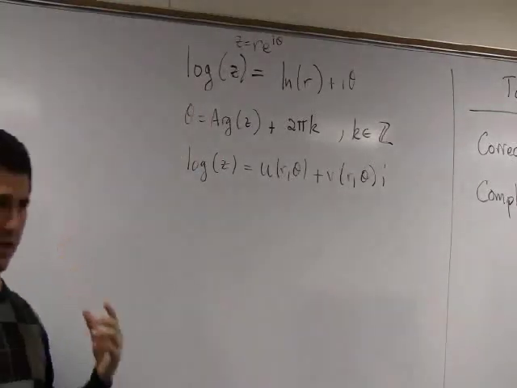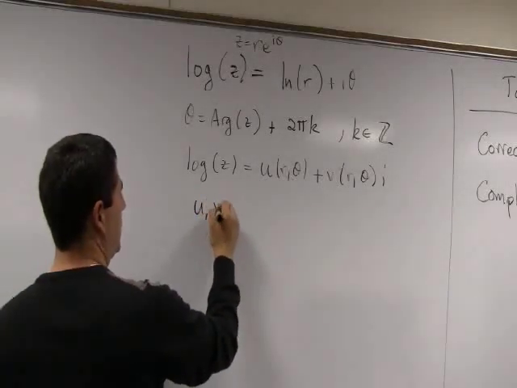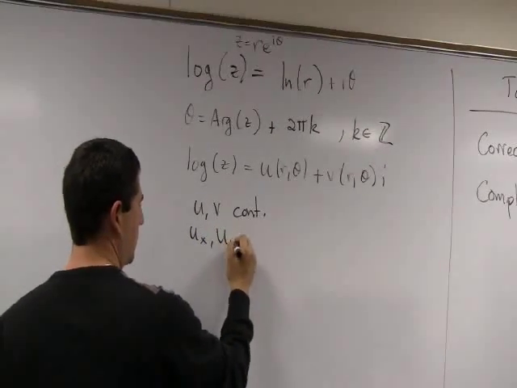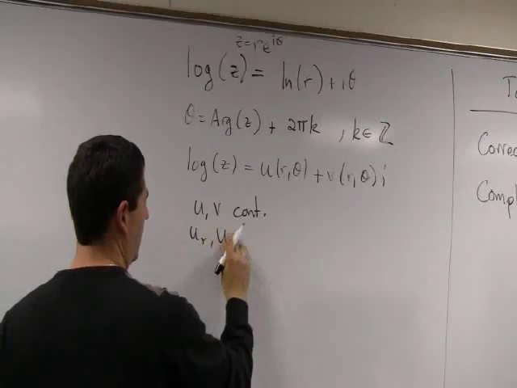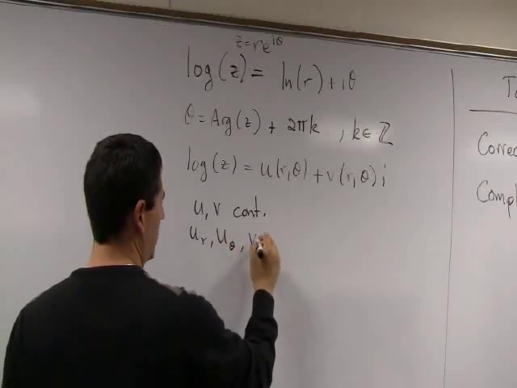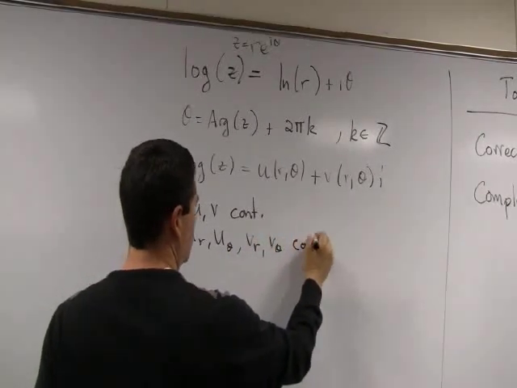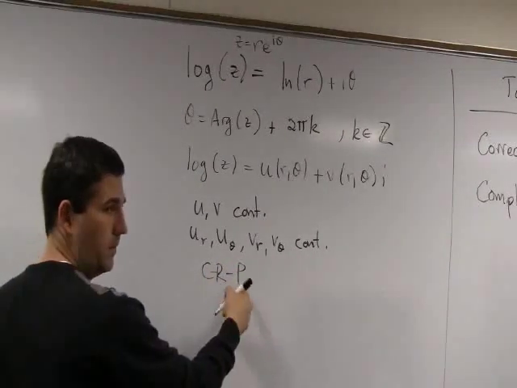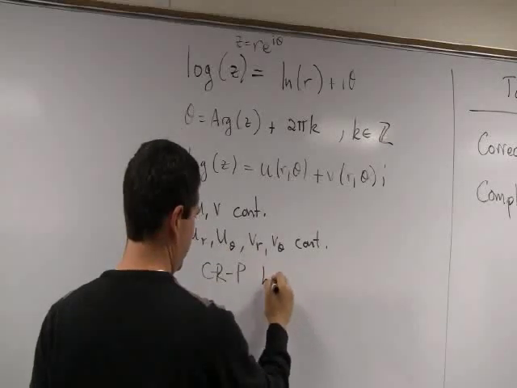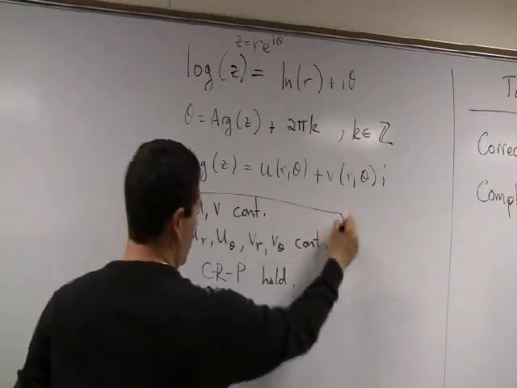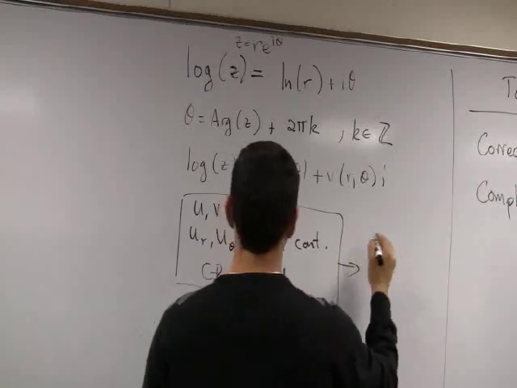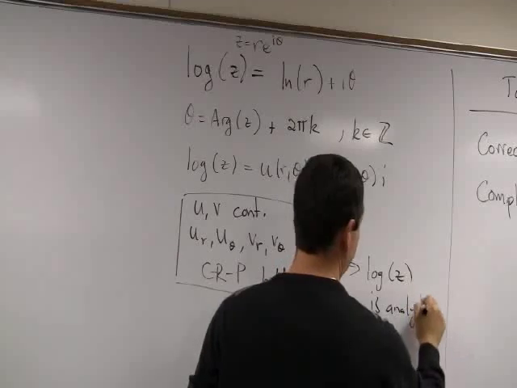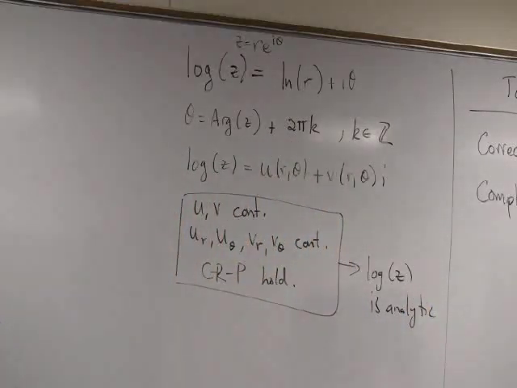Then we have this criterion that says you need to check that u and v are continuous, that all the partials, well, I should use r here and theta, all the partials are continuous, and that the Cauchy-Riemann equations in polar form hold. So if all these things hold, then this implies that log z is analytic, right, on whatever domain we're talking.